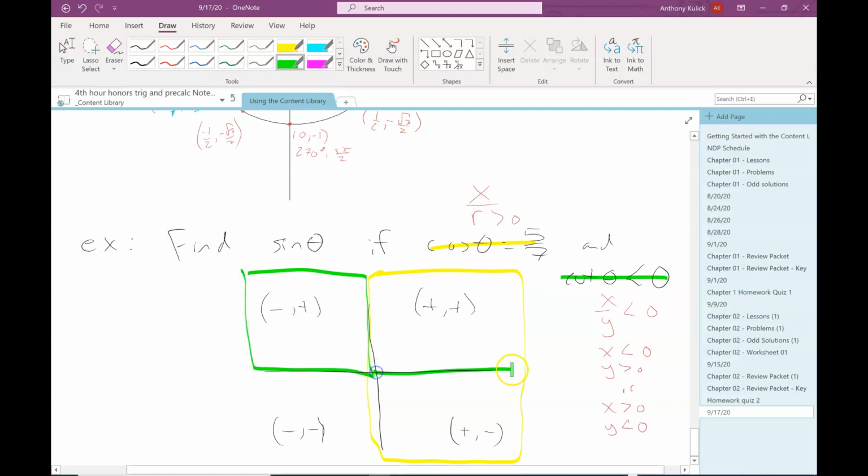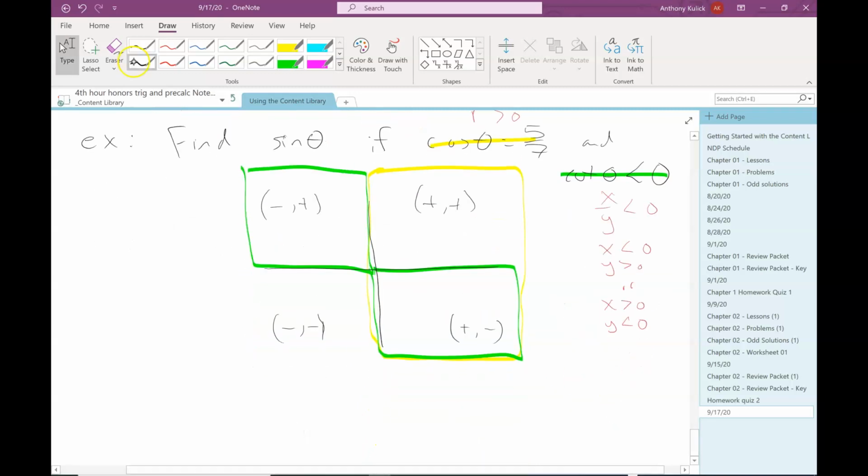Everybody's okay with that idea? So what's the quadrant that's in common? The fourth quadrant. So I can tell this is the location of my triangle. So whatever this side length is has to be negative.